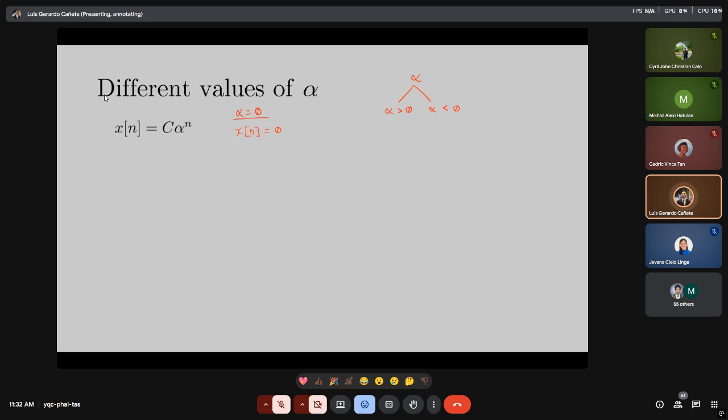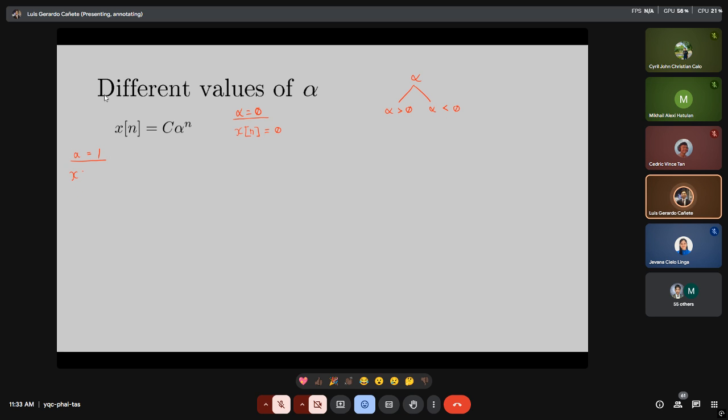Now let's look at the first case, when alpha is greater than 0. The first thing that we should notice, or the other trivial case when alpha is greater than 0, is when alpha is equal to 1, right? So when alpha is equal to 1, what happens to x of n?